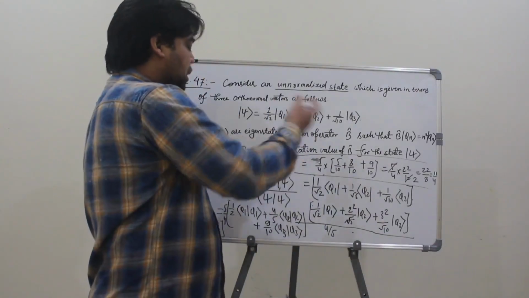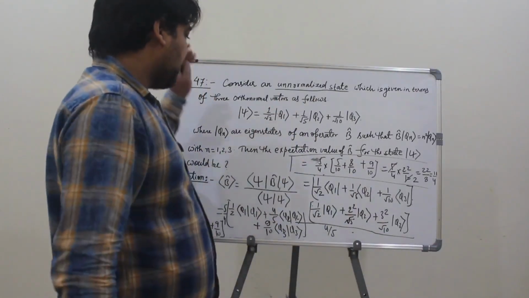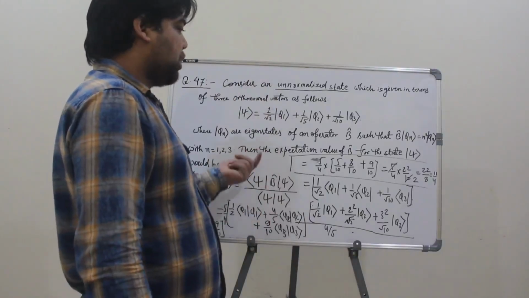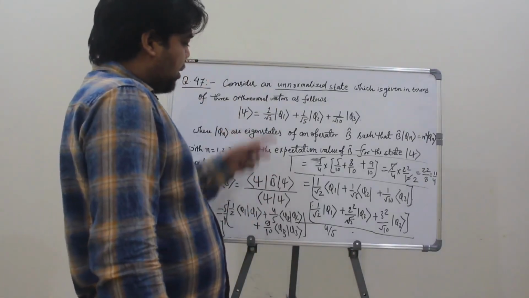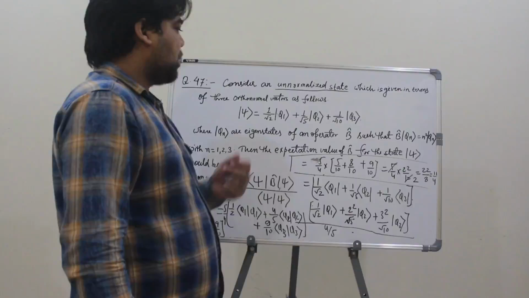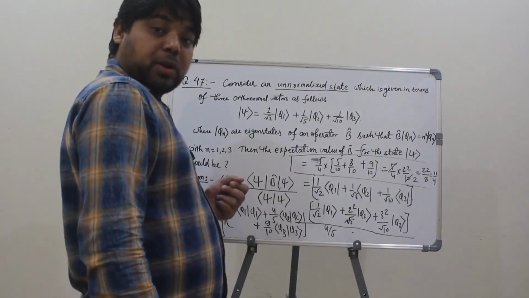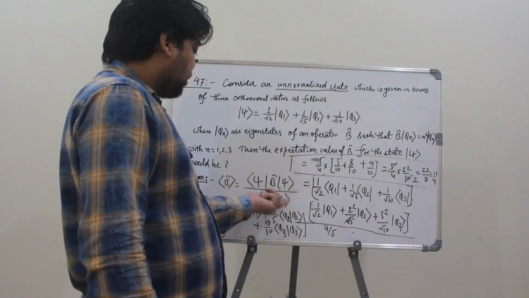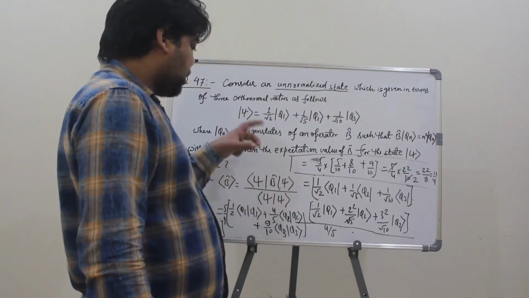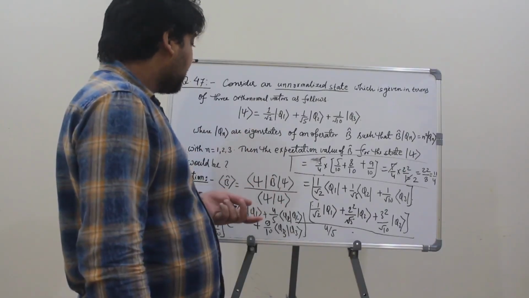So this is a very significant problem. It is a little tricky, asking about the unnormalized state, which people usually don't care about, don't look into. Usually they forget about it.